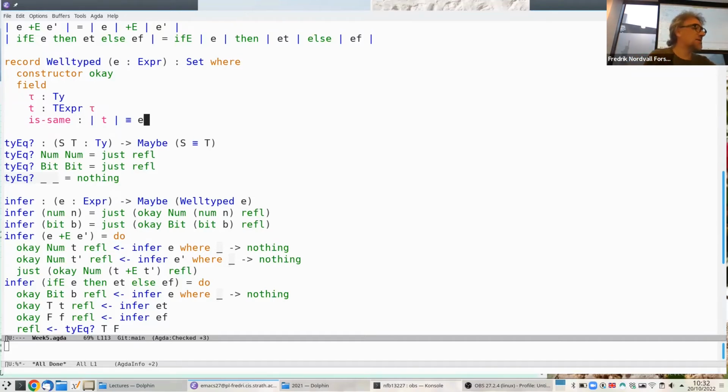So we can play similar games to what we did for typed terms. You can actually consider how to write down a data type that represents a term with a leftmost type error or something like that. We wrote down what the well-typed terms were. You can also write down a representation of terms which definitely contain a type error.